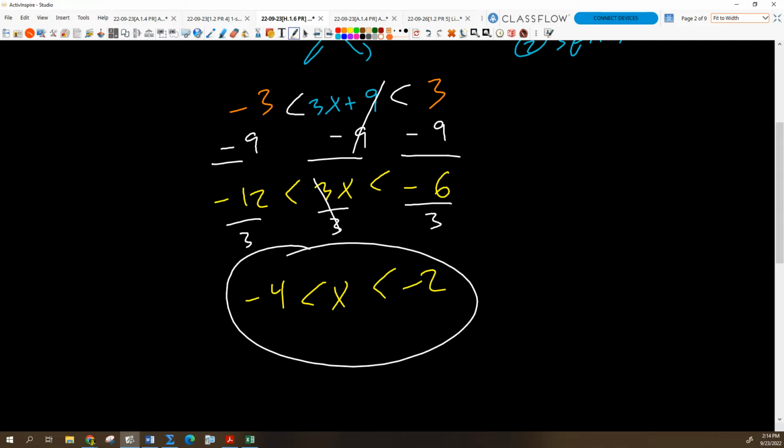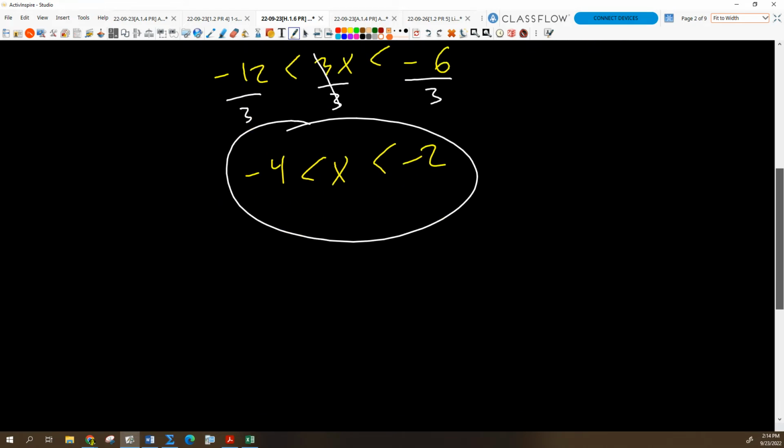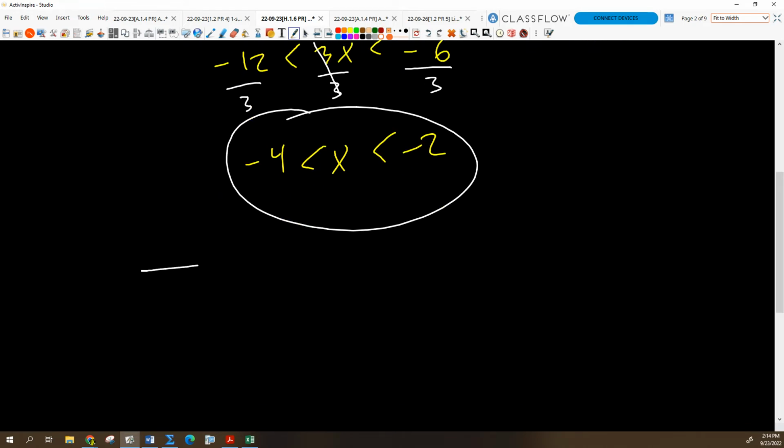Okay, so if we were going to graph that then, what are the two numbers that I need on my number line? I only need 2. Negative 4 and negative 2. And what's that going to look like? Okay, good. It's an and statement, so it's a single interval with 2 endpoints, right?